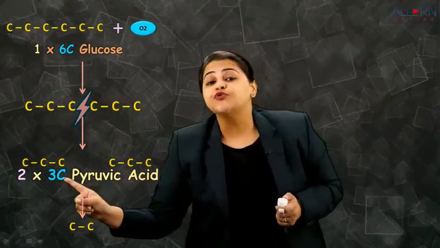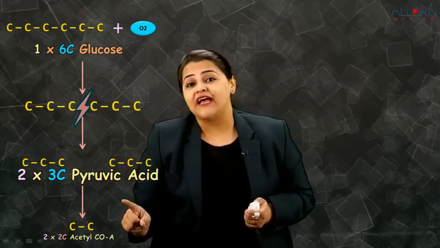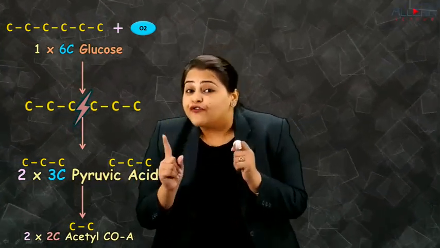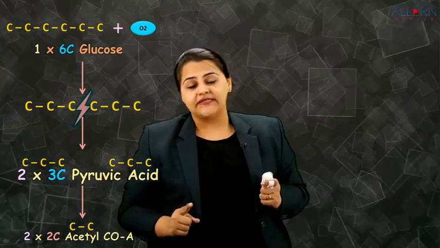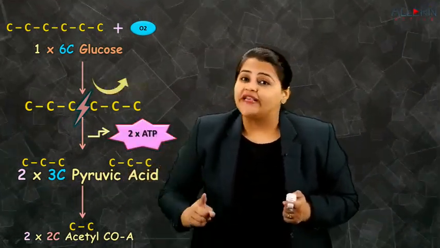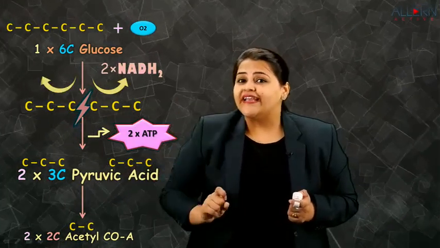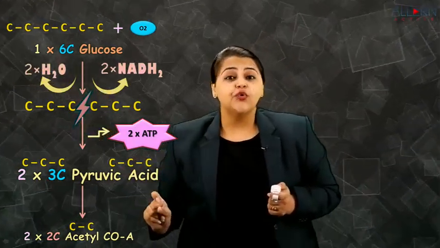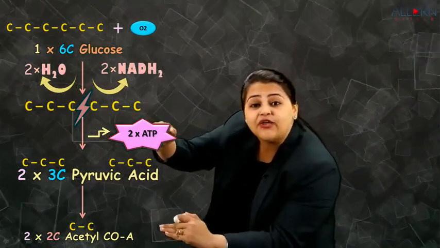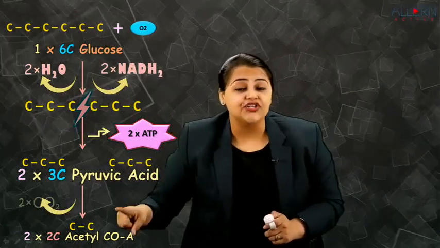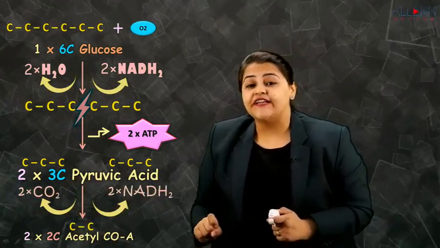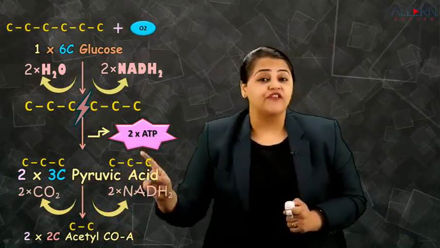And these 2 molecules of 3-carbon pyruvic acid are getting converted into 2 molecules of 2-carbon acetyl coenzyme A. Now in this process, there is release of 2 ATP molecules, 2 NADH molecules, 2 H2O molecules. So this was glycolysis. And from pyruvic to acetyl becomes a link reaction in which there was release of carbon dioxide and release of NADH2. So we have 2 molecules of each.